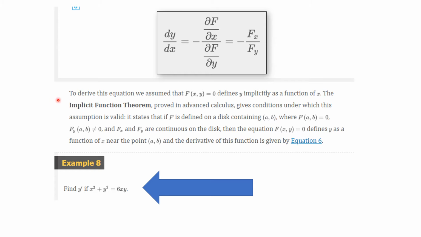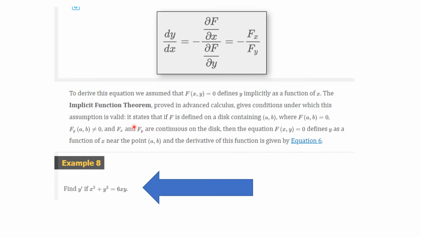Now, this formula can be derived using what is called the implicit function theorem, which is proved in advanced calculus courses, or perhaps a real analysis course. It gives conditions under which the assumption is true, and the assumption is that y is a function of x, at least in some neighborhood of the value x.